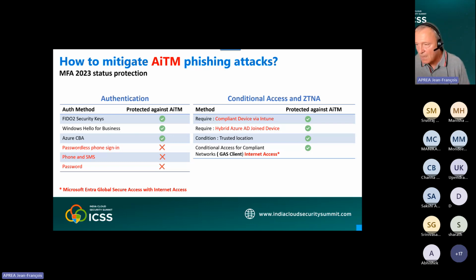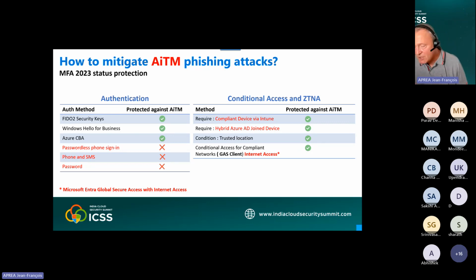Concerning the zero trust network architecture and conditional access, conditional access is usable with ZTNA. You can use Intune. It is required to deploy hybrid Azure AD joined machines.